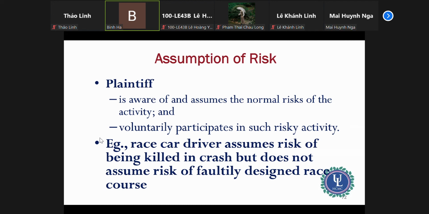I think that there are a lot of elements that contribute to the conclusion of whether the driver can assume the risk of a faultily designed race course or not.